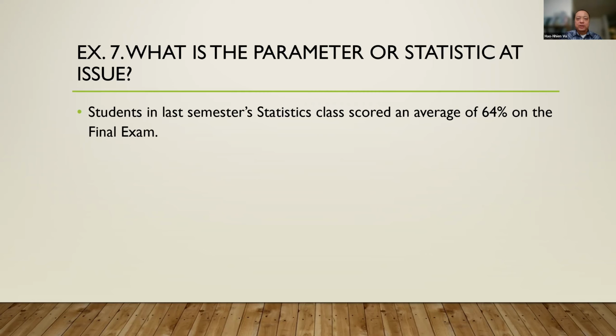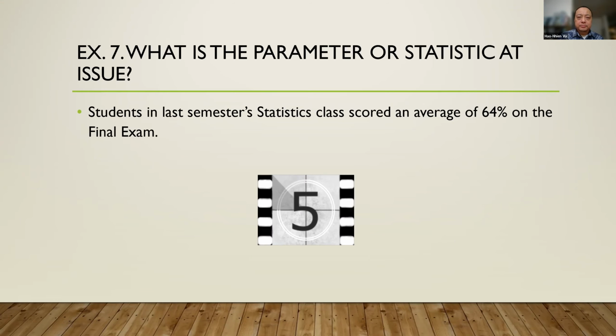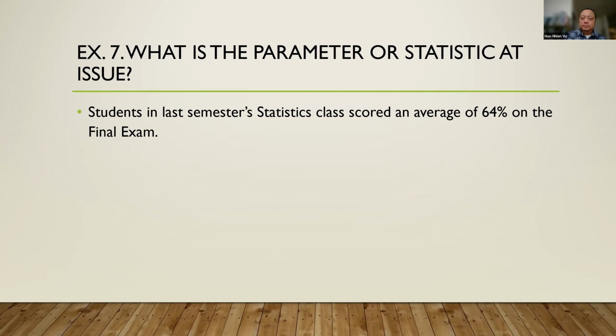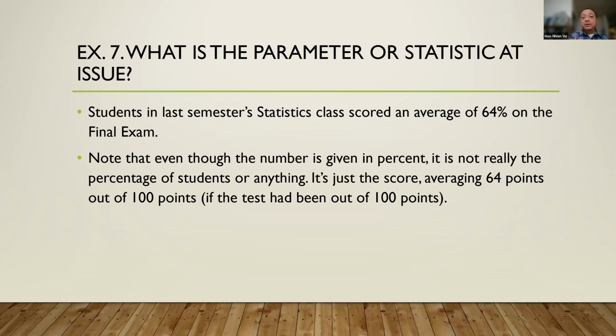Students in last semester's statistics class scored an average of 64% on the final exam. This is actually a tricky question, so think about it a little hard. It's tricky because the 64% is not a percent of our sample, right? Our sample are the students, and we're not talking about 64% of students.